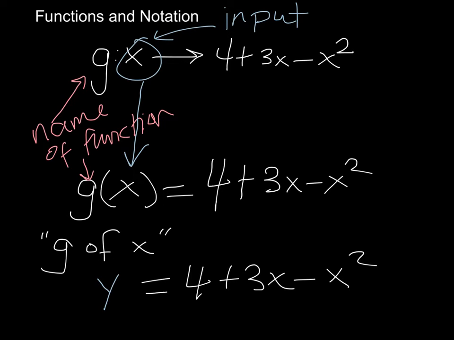What I encourage you to do when you look at your homework is change from arrow notation to function notation, and then use an input-output chart in order to figure out the domain and range. Okay, so domain and range. Remember that domain is the set of all of our input values, and the range is the set of all of the output values. So let's look at an example that uses all of this information.